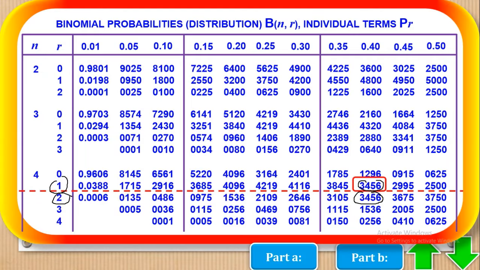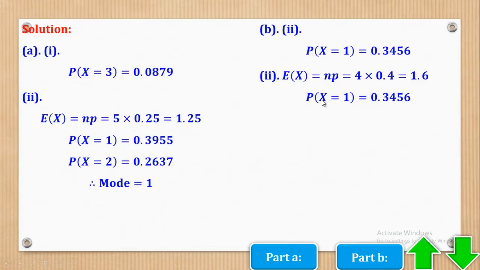I think we realize that both probabilities are the same. So when they're the same, what does it mean? It implies that the mode is equal to 1 and 2. In other words, both values are equal to the mode.